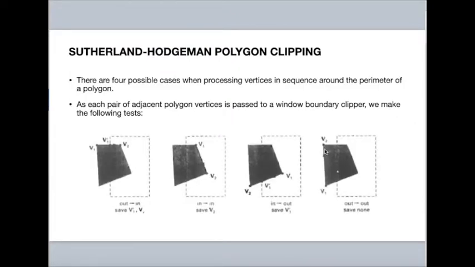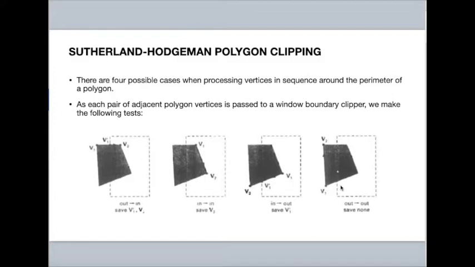When you do this, there are 4 possible cases when processing the vertices in sequence around the perimeter of a polygon.